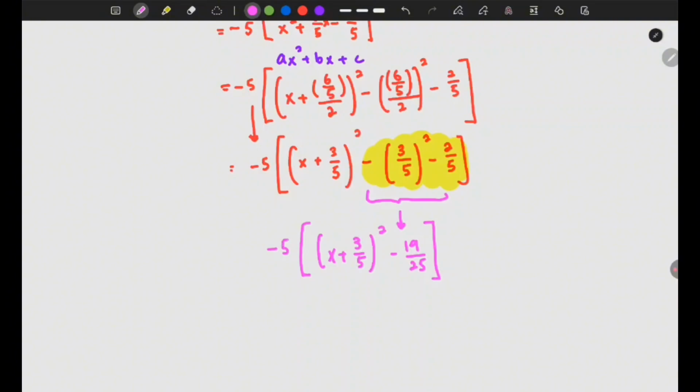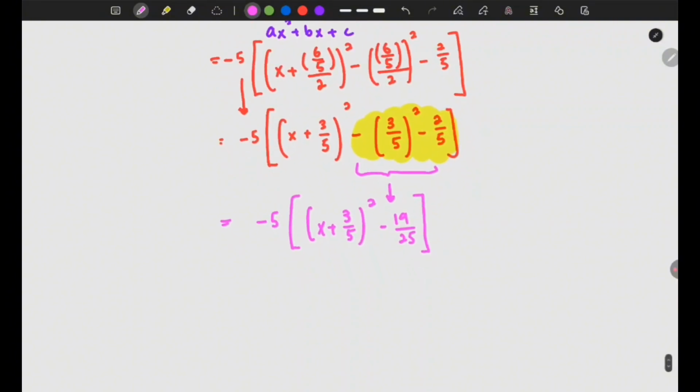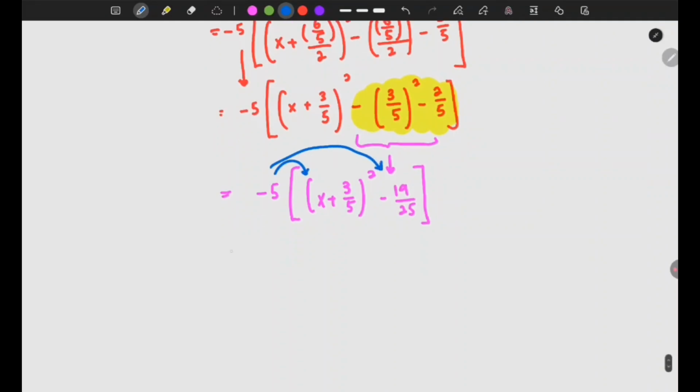You just need to put it aside. So negative 19 over 25 times the negative 5 back, you get positive 19 over 5. So you are done, and you're able to find the axis of symmetry as well as the maximum point.